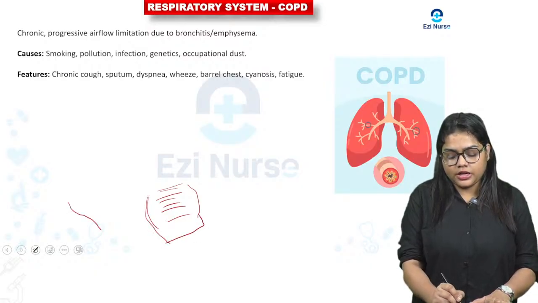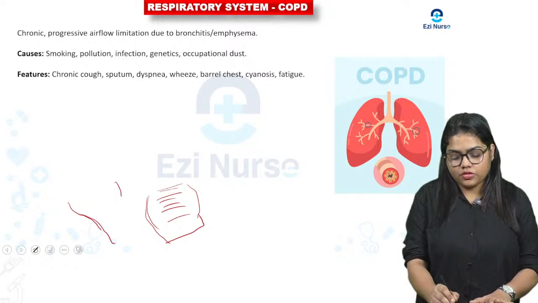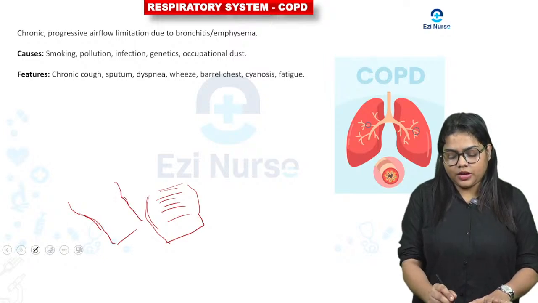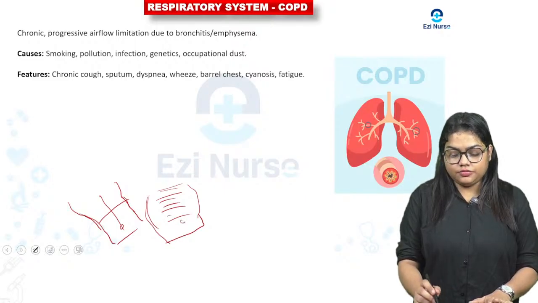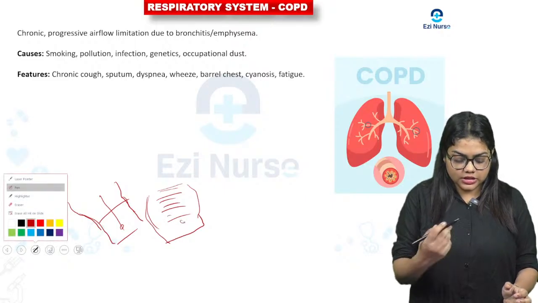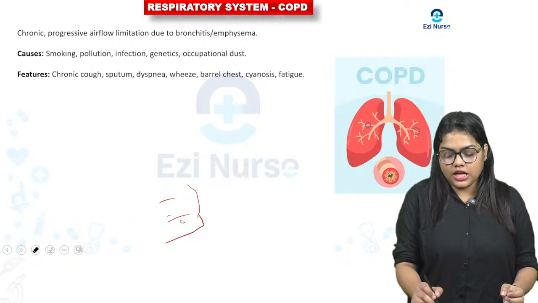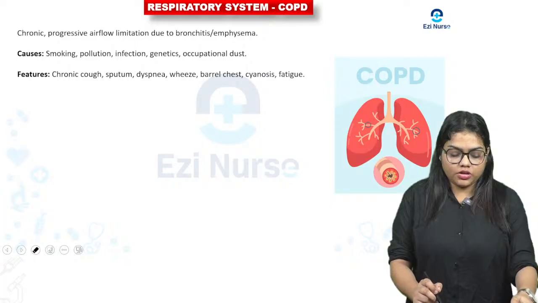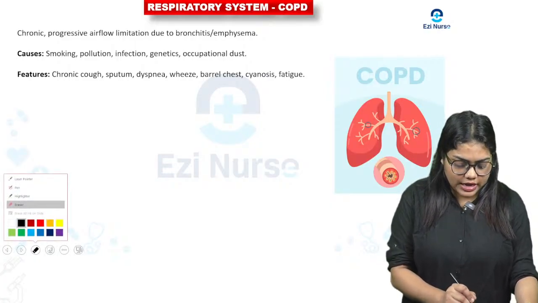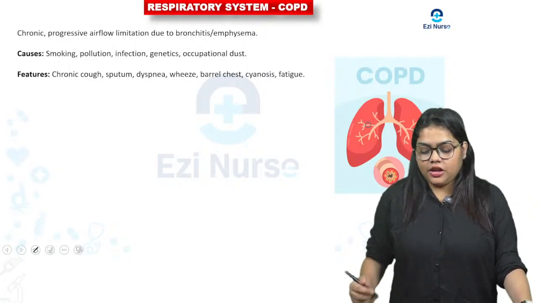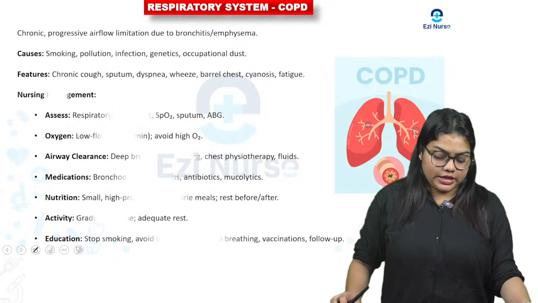Usually the chest will be like this, right? But here what will happen? Because of the excessive inflammation and all, the chest will become barrel shaped. Along with that, there will be cyanosis and fatigue.